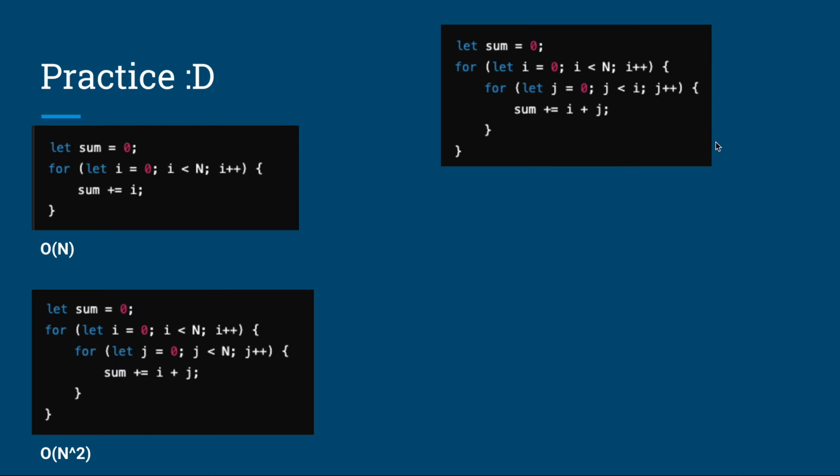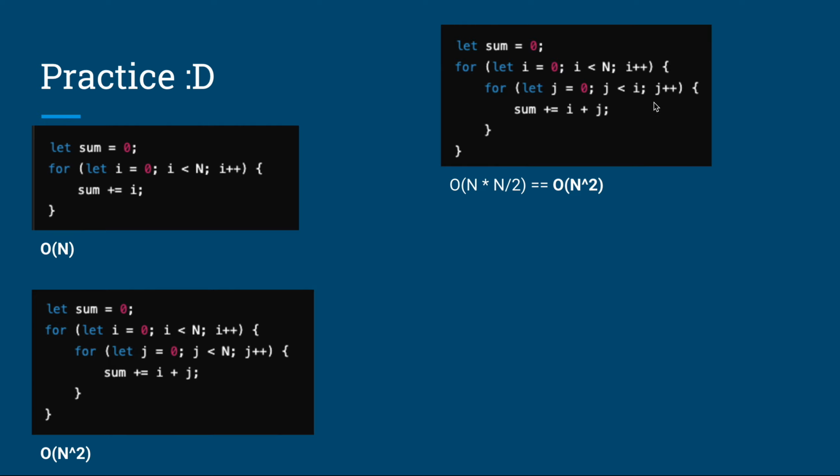But if you forgot what it was, feel free to pause the recording and try to figure this out. But basically, even though this inner loop is not the full size of n, when i is all the way at n, it will become n, right? So this inner loop is really O of n divided by 2, because it's only going through about half the elements.